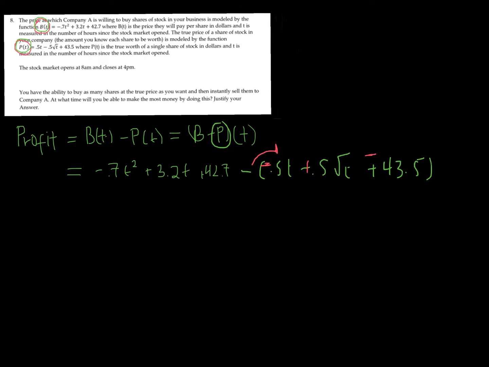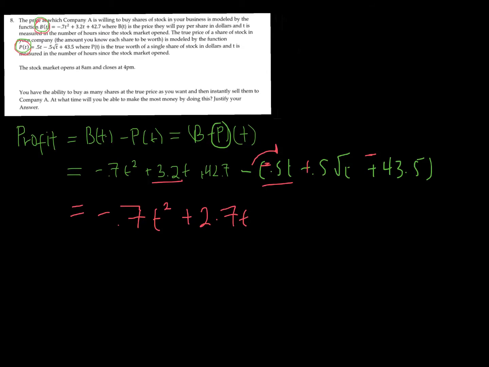And so I can now combine these like terms. There's no squared term that I'm subtracting, so I still have negative 0.7t squared. I have a 3.2t, and I'm subtracting, I have negative 0.5t, so that's going to give me 2.7t.